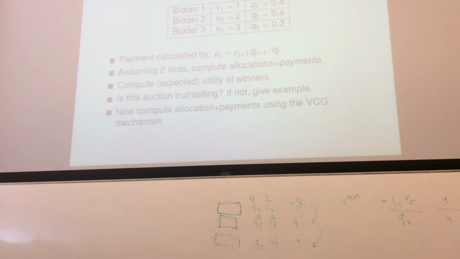So the payment should be Q3 divided by Q2. Q2 is 1.5. The first one should be 1.5. So this one should be V1 Q1 divided by Q3.